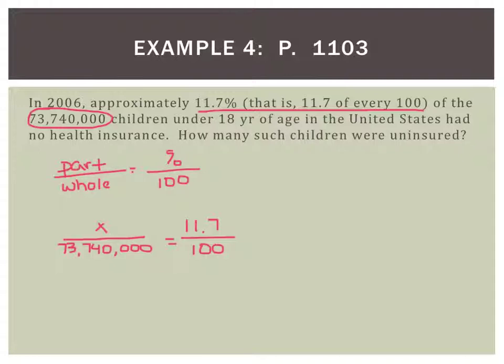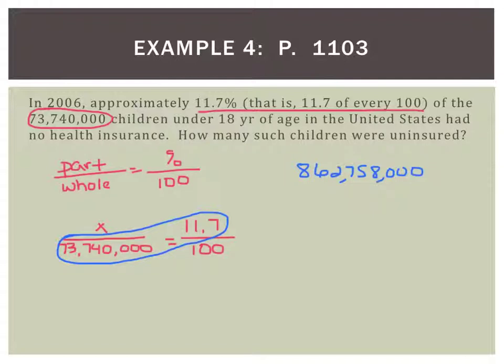Okay, so the easiest way to solve proportions is to cross multiply. So 73,740,000 times 11.7. Okay, that gives me 862,758,000.